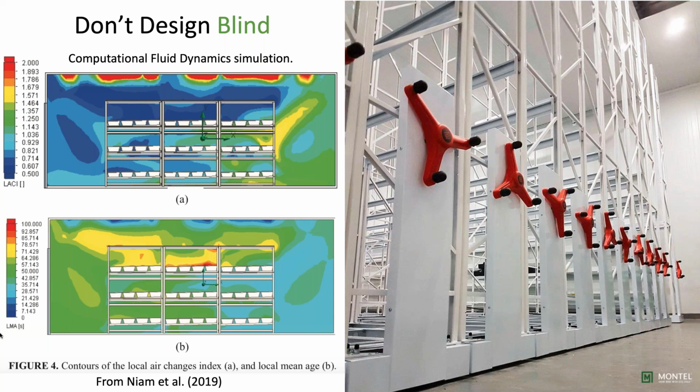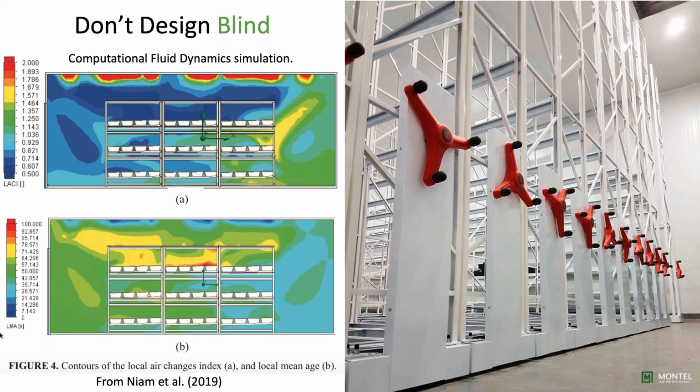There are computer simulations you can use. I'm showing you an output from a fluid dynamics simulation that will allow you to simulate how your room will perform in terms of climate variability and temperature distribution before you actually build the room.